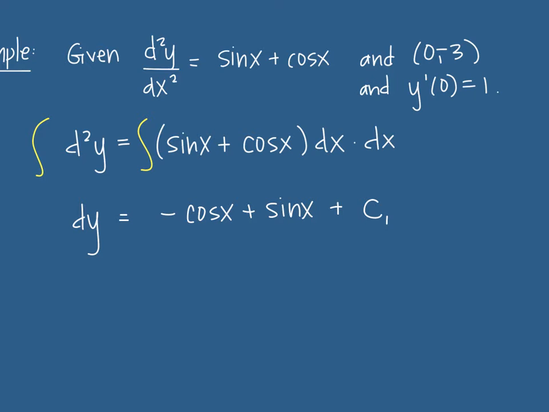The initial condition I have right now is the derivative. I have that y prime, which is another way to say the derivative, when you plug in 0, should be 1. So I'm going to plug in 0 for my x: negative cosine of 0, plus sine of 0, plus my first constant, is equal to 1.